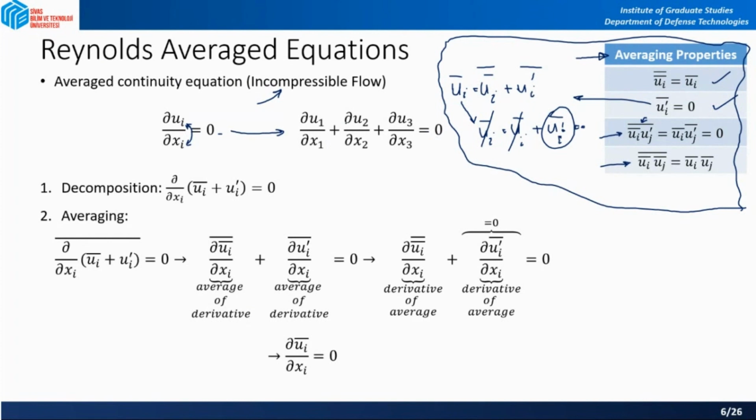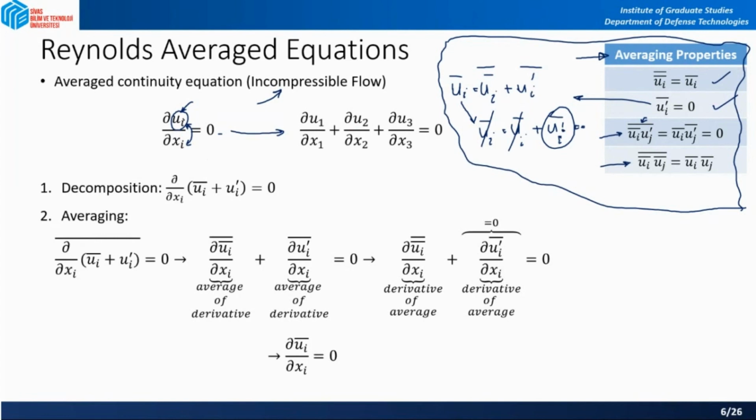And this is true for what? This is true for your instantaneous velocity. This is not true for ui bar, and this is not true for ui prime. So the question is, when I apply Reynolds decomposition to this equation, what will happen? The first step is to apply the decomposition.